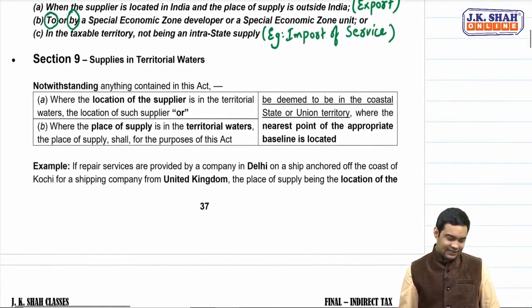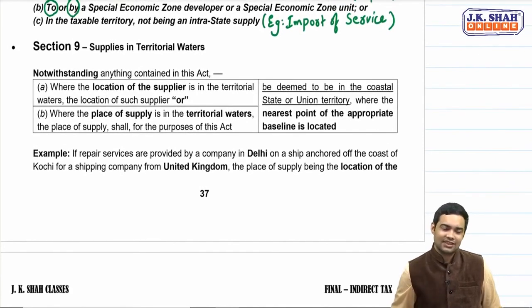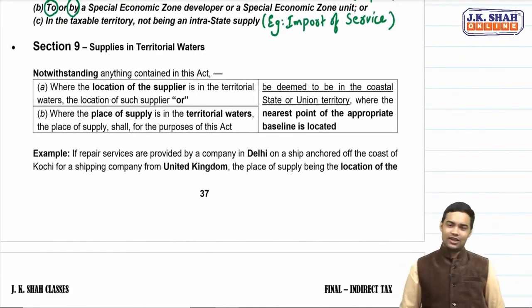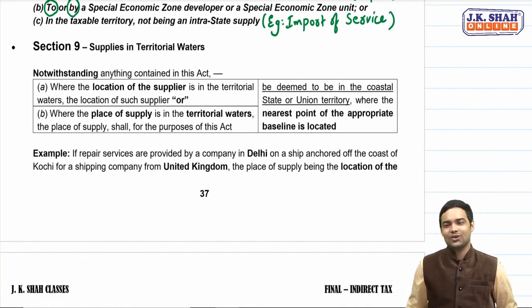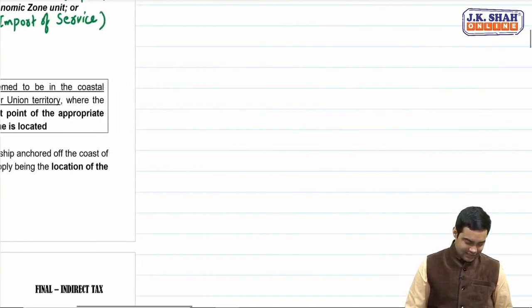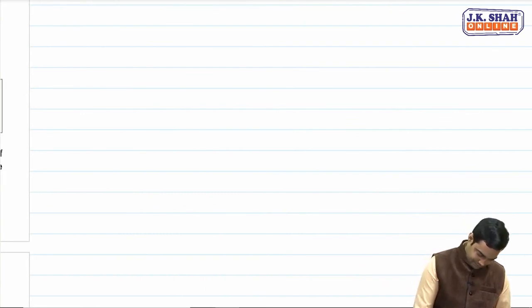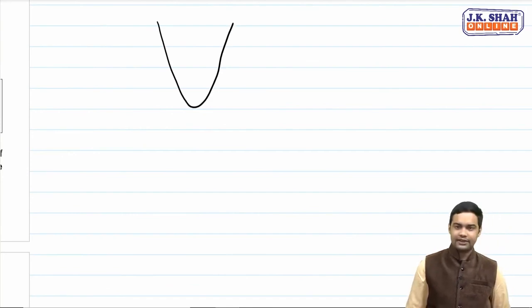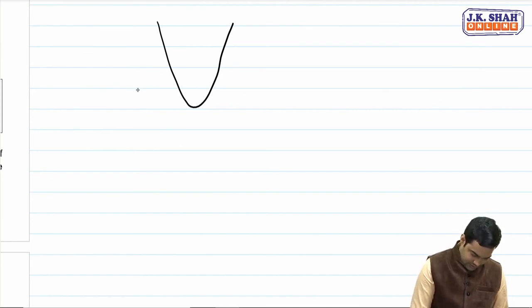Now, the next discussion is with regard to section 9, which deals with supplies in territorial waters. When we say supplies in territorial waters, you need to understand this small example. This is the southern region of India. Here a ship has stopped due to a technical glitch.